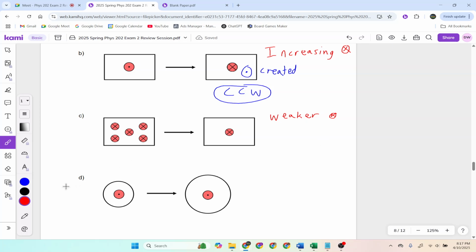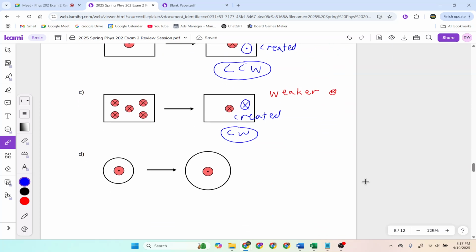So the opposite of weaker into the page is stronger into the page. My created B field points into the page to make it stronger. So, into the page is the thumb. Curl my fingers. That is going to be clockwise again. And then finally, part D.